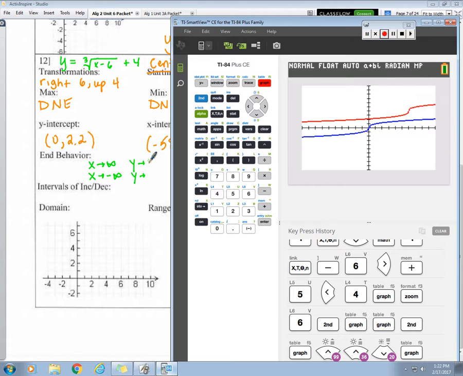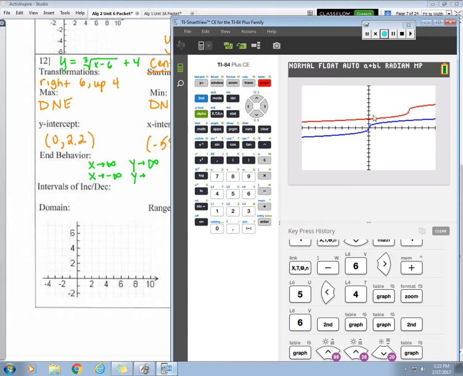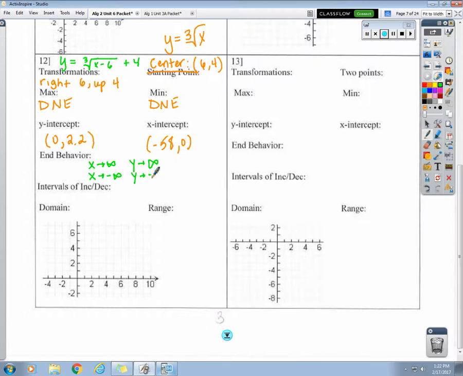So y's are approaching positive infinity. X approaches negative infinity means left. As you go left on the function, the y's are getting smaller. Look at the red. As you go left, aren't they going down? Yeah. So negative infinity.